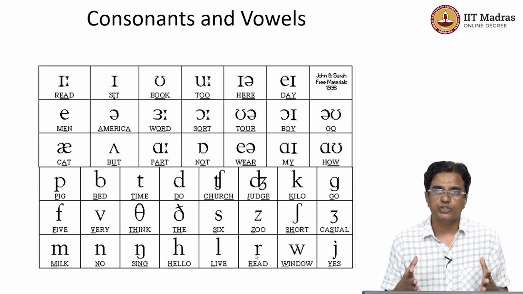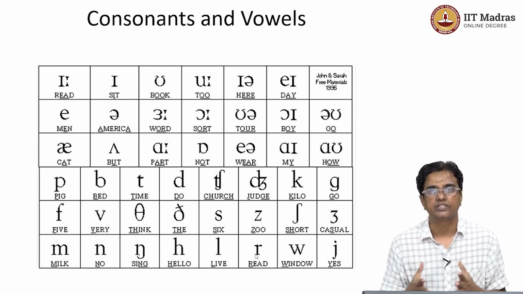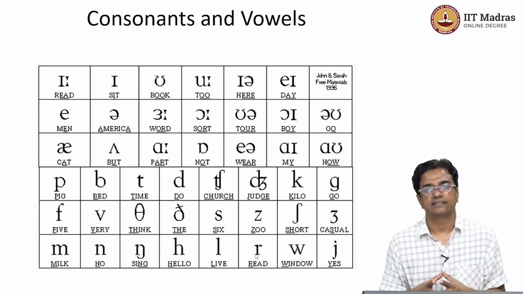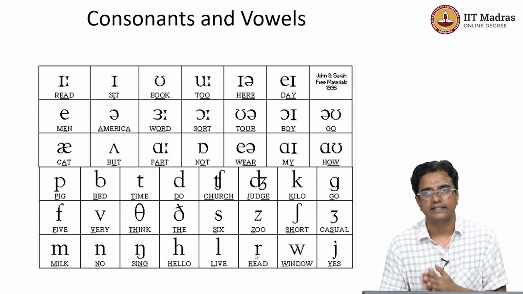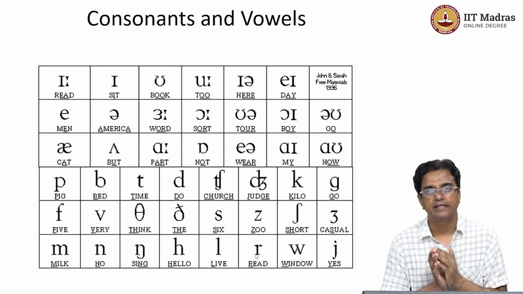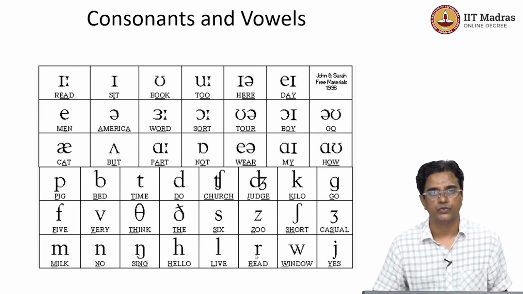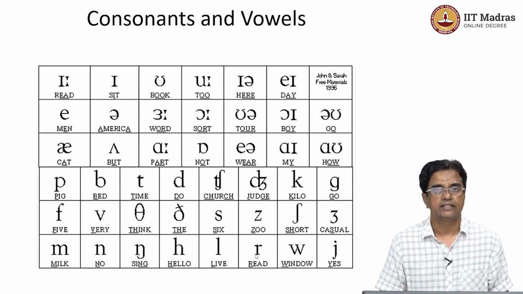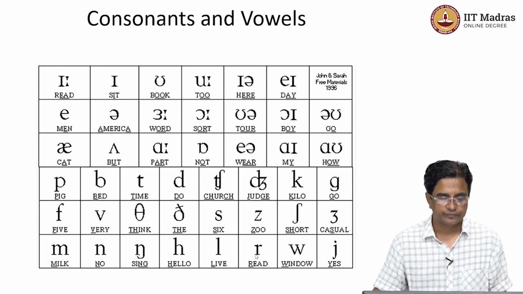It is important to know these sounds in detail, and therefore we are spending this time on explaining particular types of sounds to you so that it helps you better.